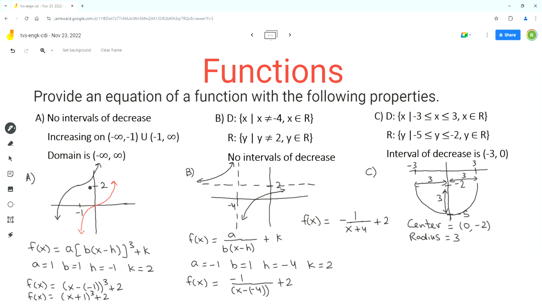Now we can write the general transformed equation for a semicircle. The radius is 3, so we can sub in r as 3, so r square will be equal to 9.